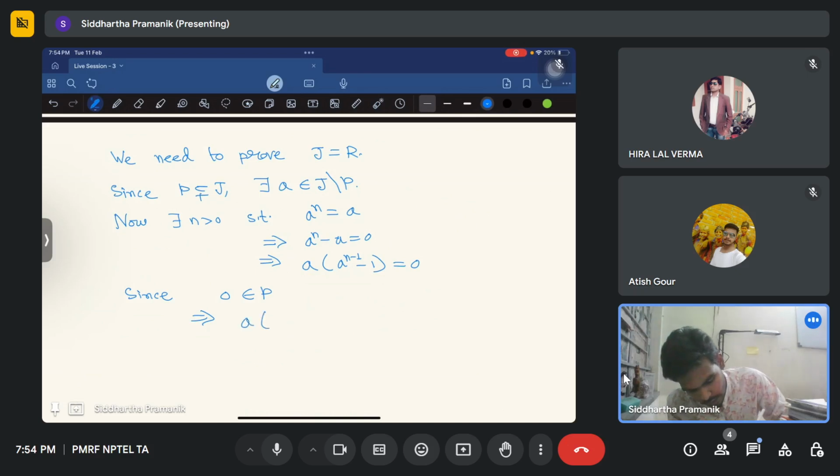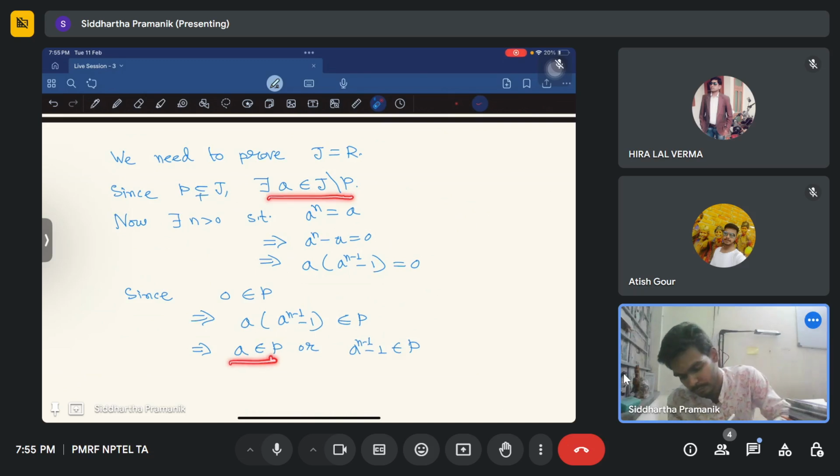So a times (a^(n-1) minus 1) belongs to P. But P is a prime ideal and this product is in P. So either a is in P or this element is in P. So this implies a belongs to P or a^(n-1) minus 1 belongs to P. But we have assumed a belongs to J minus P. So this cannot be true.